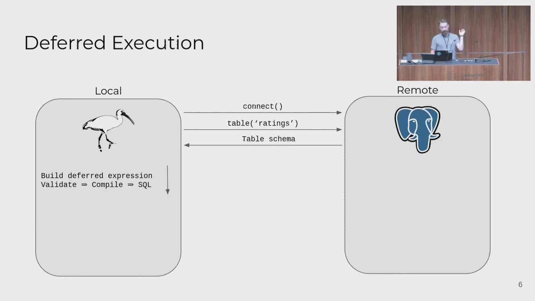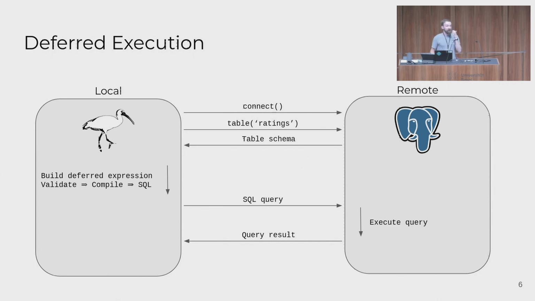We use that to build up a deferred expression where we validate and then compile the SQL. Then we send the SQL over the wire to the engine, have the engine execute it, and then we only pull back the results. So especially if your query ends in, say, a count of things or the top 10 values, or you just want the results of your aggregation, you are pulling much less data over the wire.